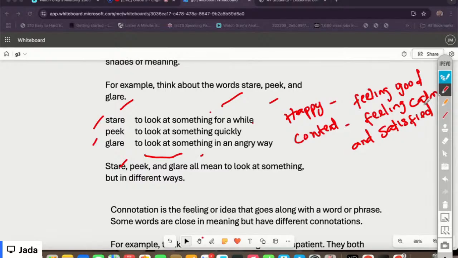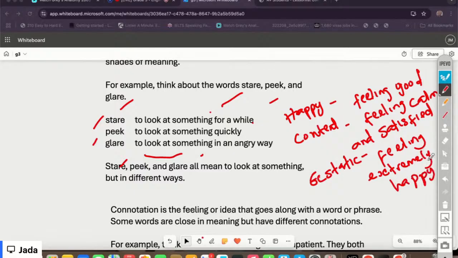Content means feeling calm and satisfied. And then we also have ecstatic. It also means feeling extremely happy, okay?